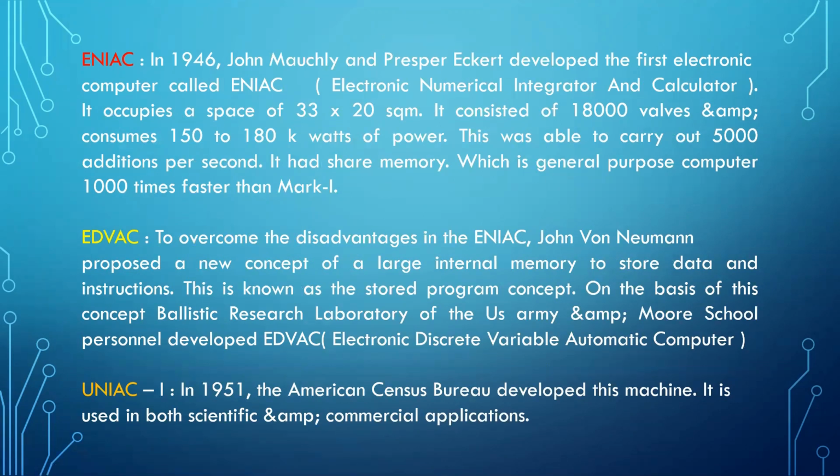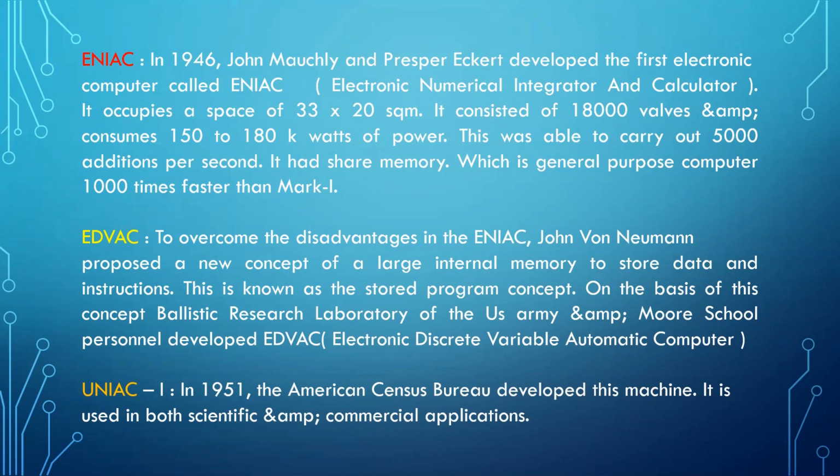This ENIAC was developed by John Mauchly and Presper Eckert in the year 1946, and this device is called the first electronic computer. That's why we say that the computer was developed in the year 1946 based on Charles Babbage's analytical engine.